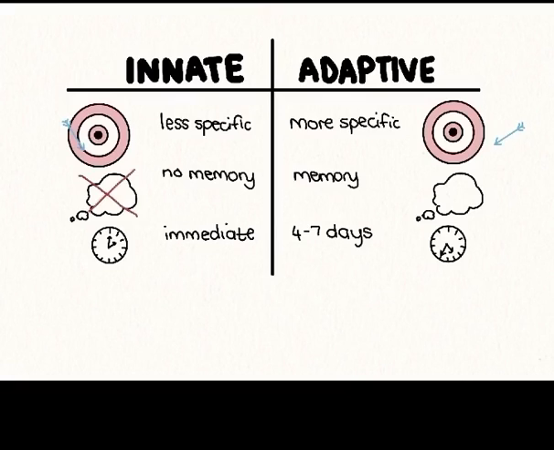However, we still need the innate immune system because the adaptive immune system takes approximately 4 to 7 days to initiate, and during that time, viruses, bacteria, parasites could have finished with you.